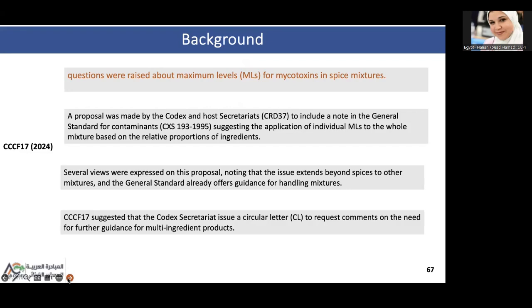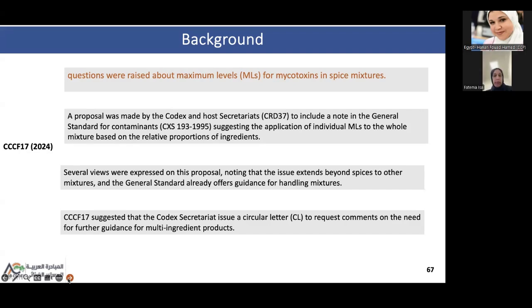The Secretary provided a recommendation regarding CX193, suggesting the application of individual MLs to the whole mixture based on relative proportions of ingredients. Several views were expressed on this proposal, noting that the issue extends beyond the spices to other mixtures, and the general standard already offers guidance for handling mixtures.